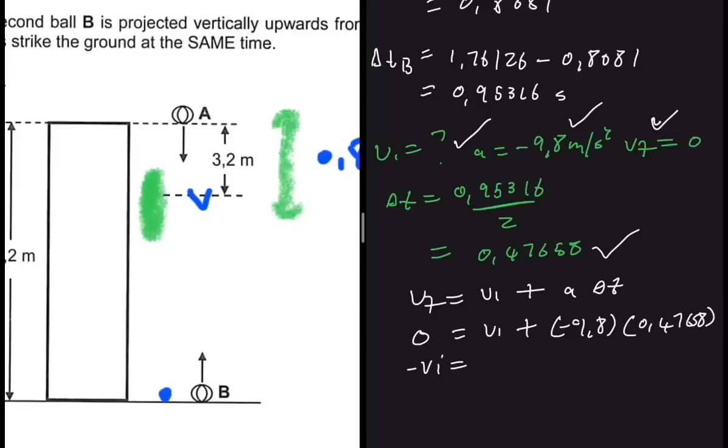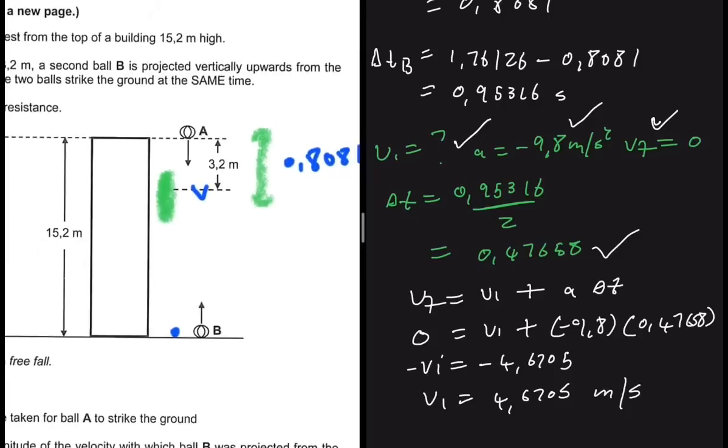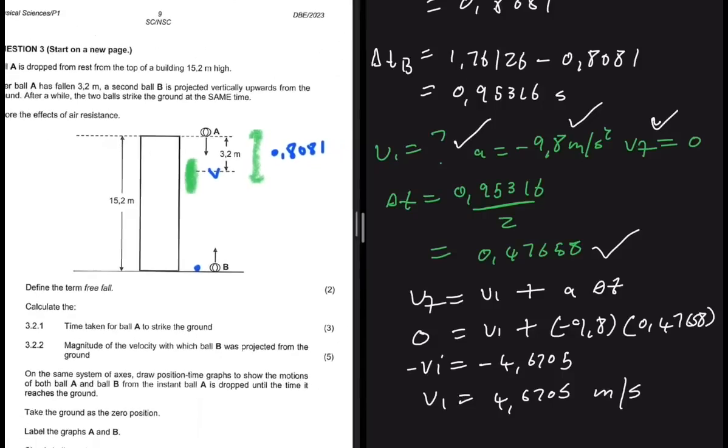Right, so I get minus VI equal to minus 4.6705, and then VI is equal to 4.6705 meters per second. Right, that is the initial velocity with which ball B is projected upwards.